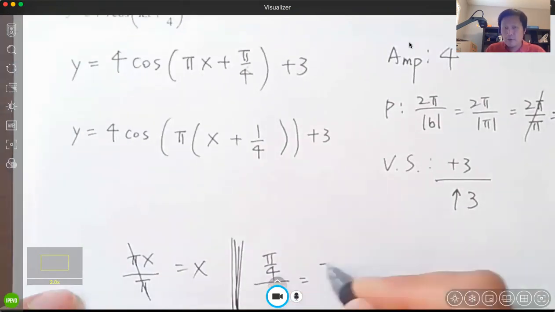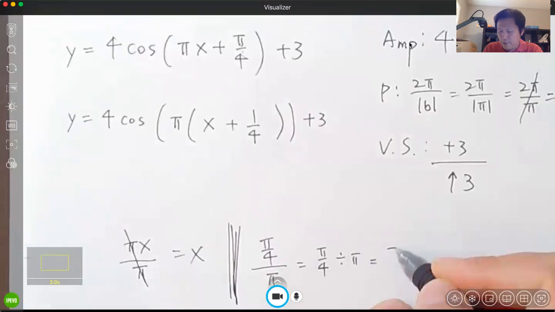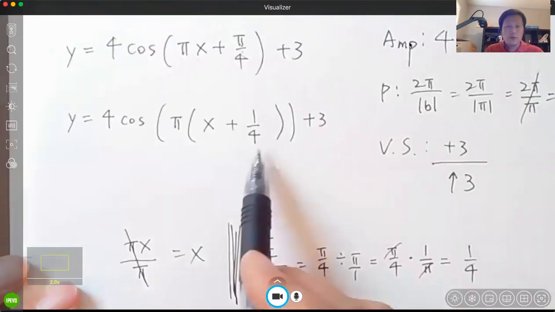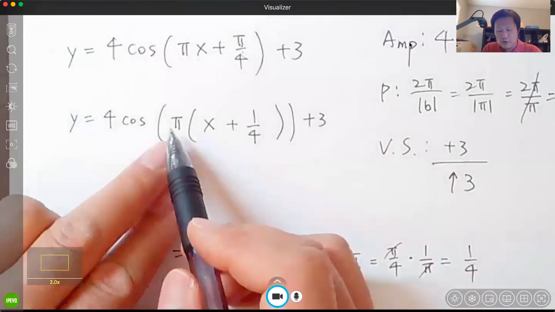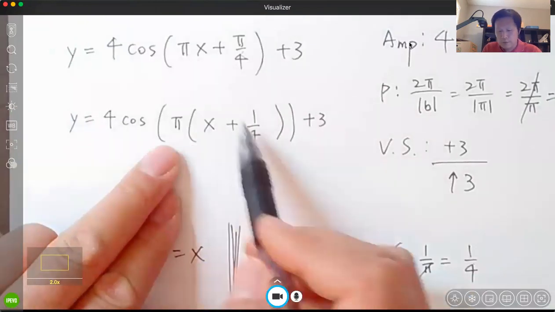Pi over 4 divided by pi is multiplied by the reciprocal, which is 1 over pi, because pi is the same as pi over 1. Pi in the numerator and denominator cancels out, leaving 1/4. Another way to look at it is, if you distribute pi here, you get pi x. If you distribute pi to 1/4, you get pi over 4.